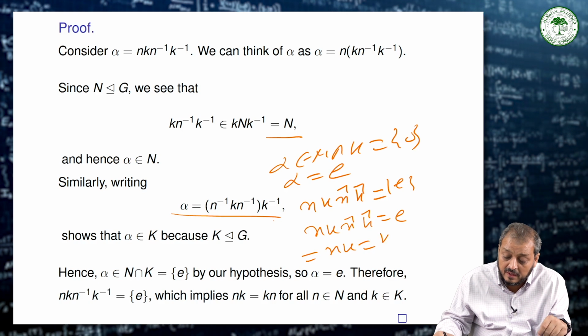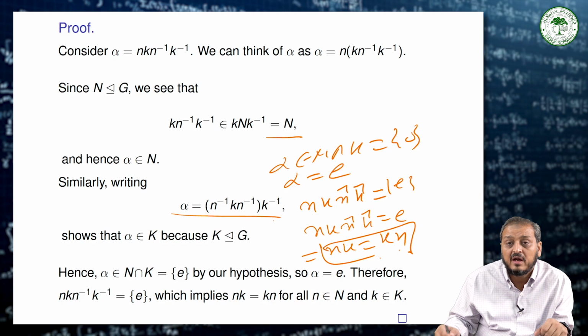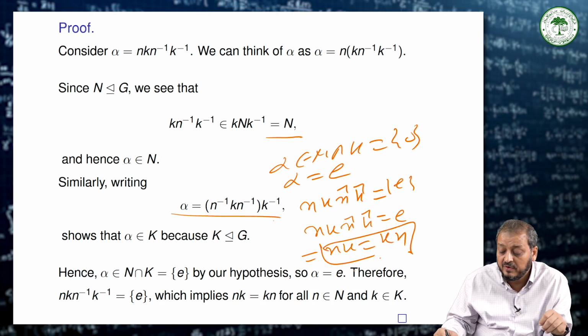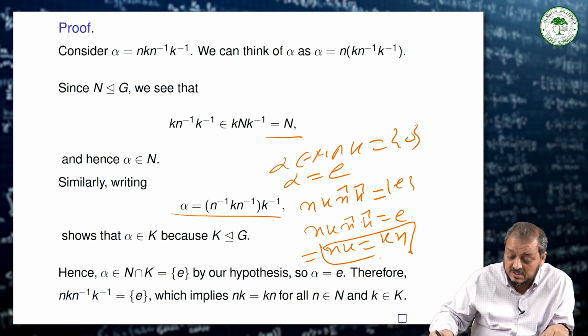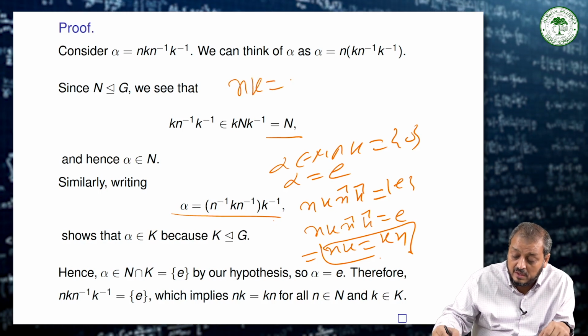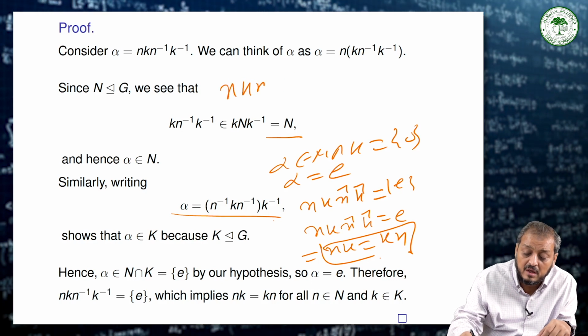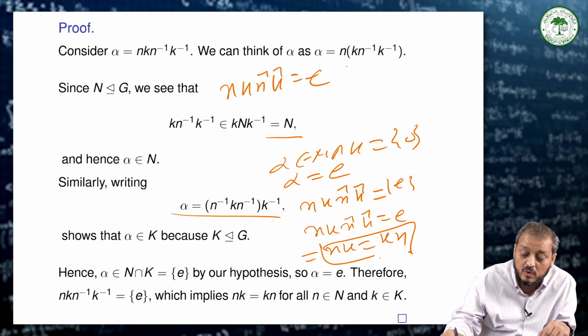is equal to identity, which means we simply say that nk is equal to kn, and then we have to prove that for all n and k, n is an element of N and k is an element of K. We can say simply that n k n inverse k inverse is equal to identity.